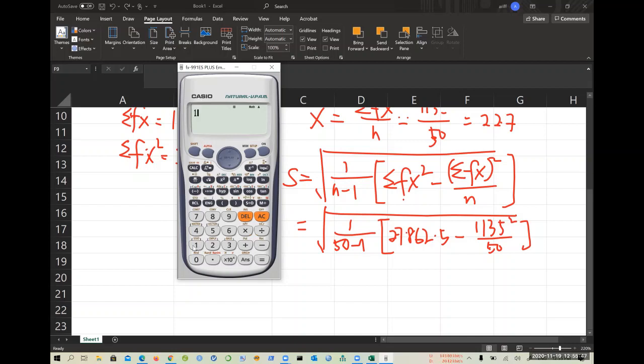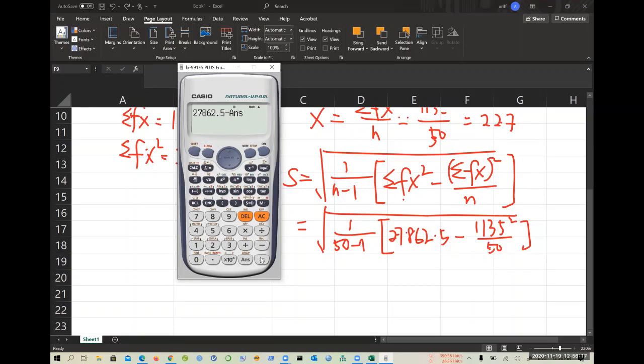So you have 1135 and then take the square, divide by 50. Okay, you get this answer. So this is the back one, and then take 27862.5 minus the answer that you just found.